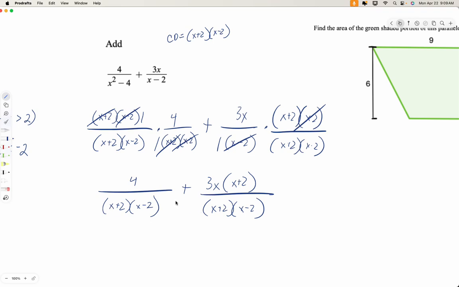We're multiplying the entire common denominator as 1, as the value of 1, because we can multiply something that has a value of 1 times a fraction, or times any number, without changing its value.